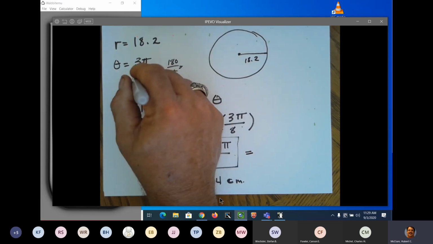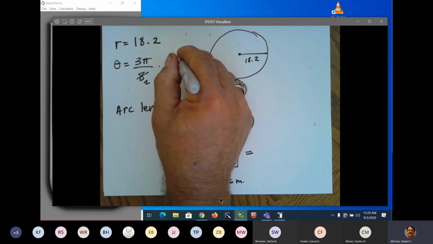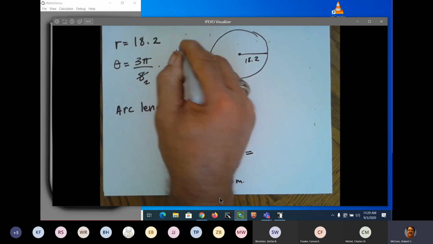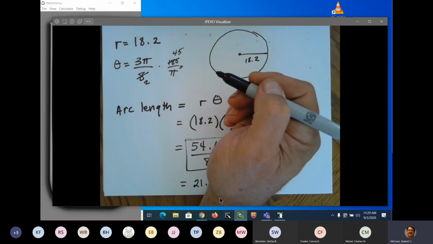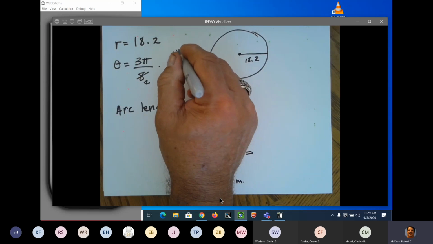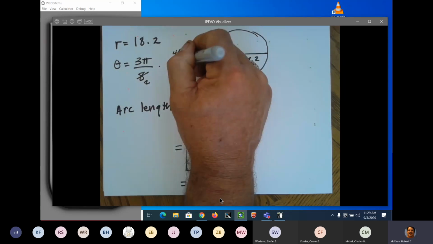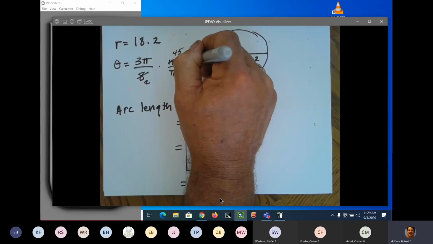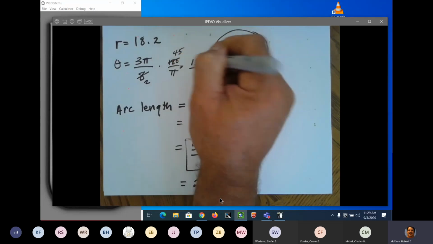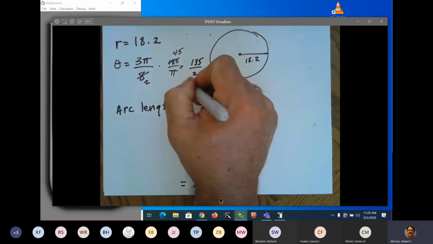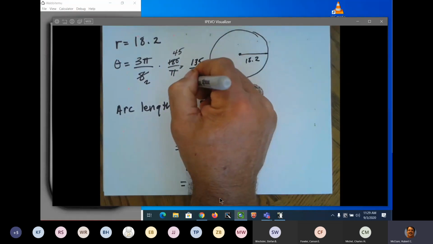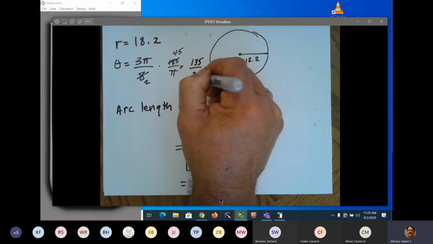So 4 will go in there 2 times. 4 will go in there 45 times. And that's going to leave 3 times 45. 3 times 45 divided by 2. 3 times 45 is 135. Somebody check my math over 2. And that's going to be 62.5 degrees.